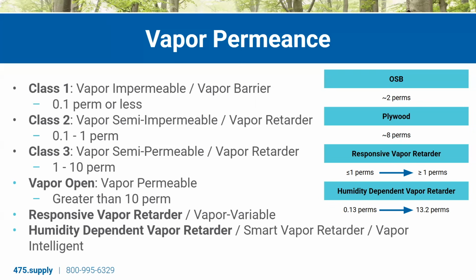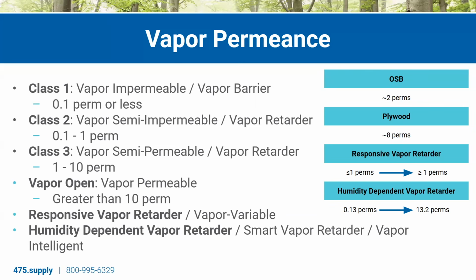There's a lot of materials that have different permeability based on a dry scenario versus a wet scenario. So they might have a lower permeability in the dry cup test and a higher permeability in the wet cup test. And a lot of materials change their vapor permeability based on that type of testing scenario of moisture.